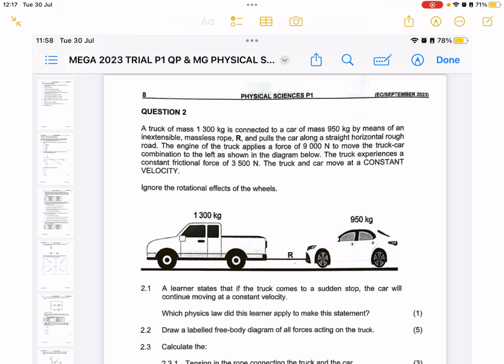950 kilogram by means of an extendable massless rope, which is rope R, and it pulls the car along the straight horizontal rough road, and the engine of the truck applies a force of 9,000 newtons to move the truck-car combination to the left as is shown in the diagram.